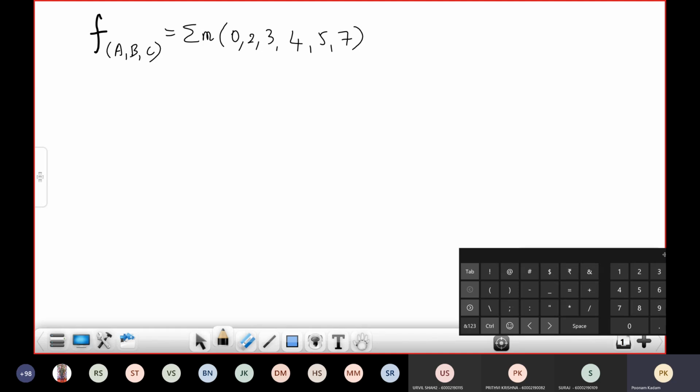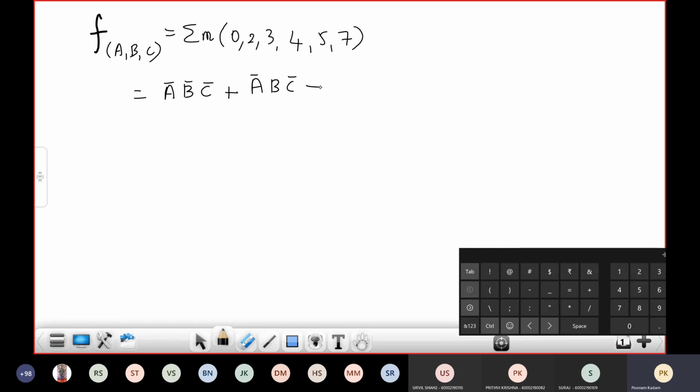Okay. So can you solve this? Can you people try this out? I'll give you 2 minutes to do it. This is the logical expression, given in terms of a min-term list which includes min-terms 0, 2, 3, 4, 5, 7. The first step is to write the expression in terms of product terms. So 0 means A bar, B bar, C bar, plus 2, which means 0, 1, 0, A bar, B, C bar.